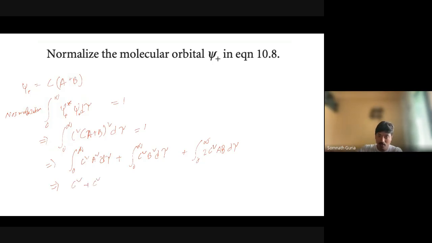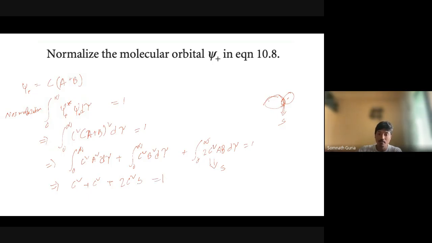It will also be c square. And this one gives you the overlap integral between a and b. This overlap integral is denoted by s. So we have 2 c square into s, and it equals 1.